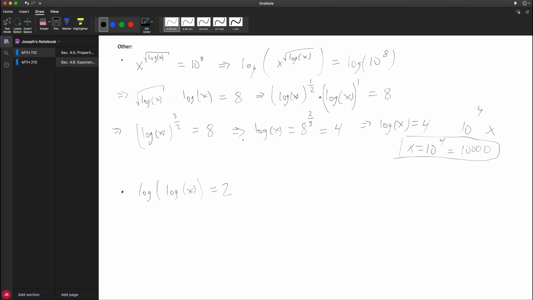Okay, and now finally, this is a very strange problem, admittedly, so we're going to try to solve for x here. Let's notice first we have a triangle. This is a base 10 logarithm, so we have 10 here, log x here, and a 2 here, right? So what this tells me is that 10 squared, which is 100, equals log x.